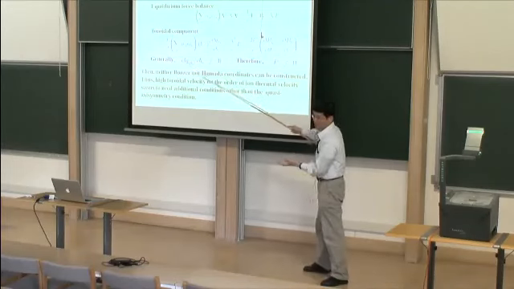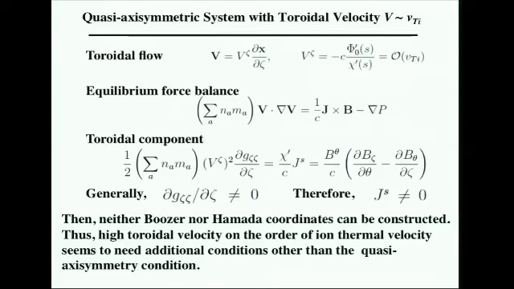But generally, in the quasi-axisymmetry case, this is not vanishing. In that case, the problem is the radial current does not vanish generally. As is well known, in this type of equilibrium, we can never define or construct Boozer and Hamada coordinates.